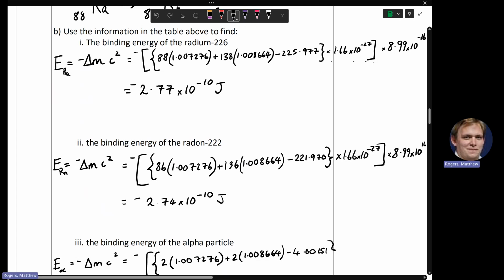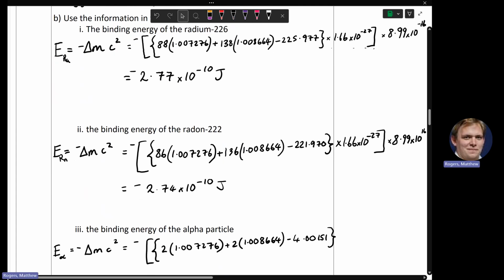Close the curly brackets, so that's where we worked it out in U. We multiply it by 1.66 times 10 to the minus 27 to turn it into kilograms. Close the square brackets and multiply by c squared, which is 8.99 times 10 to the 16.